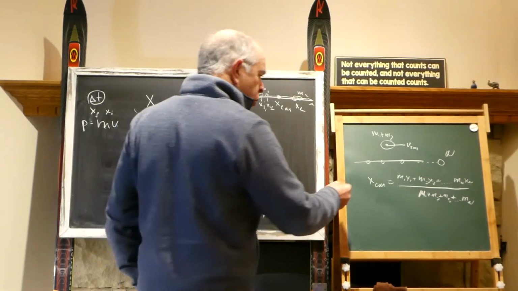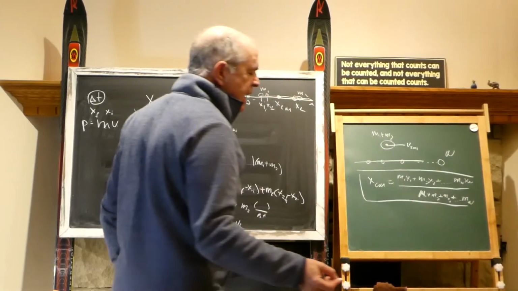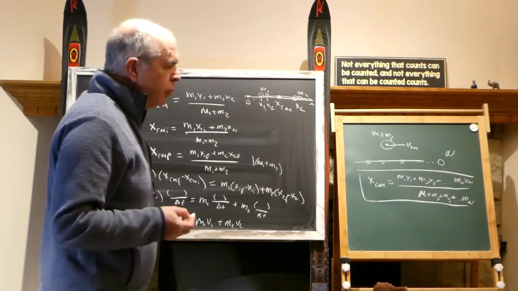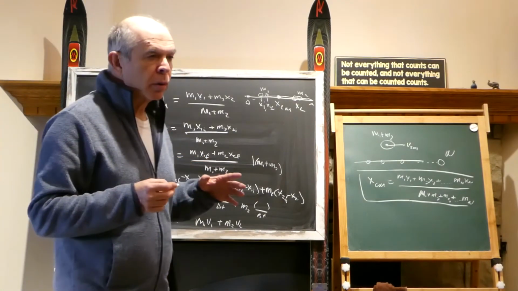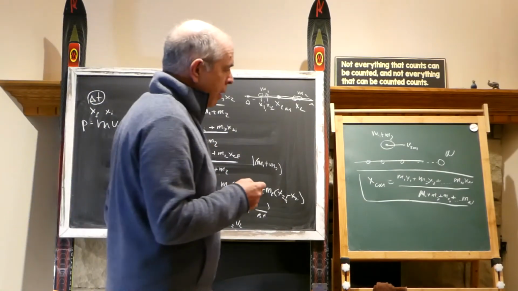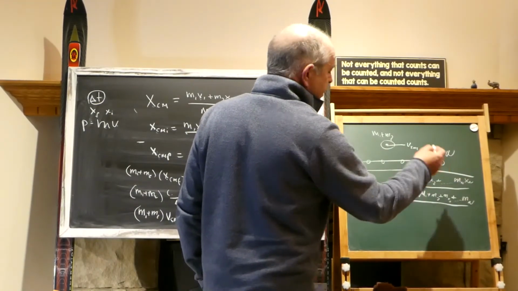And this is the formula when there are more bodies than 2. It's the same formula. And you will meet this formula a lot because it's called weighted average. It's like an average, but masses are different.